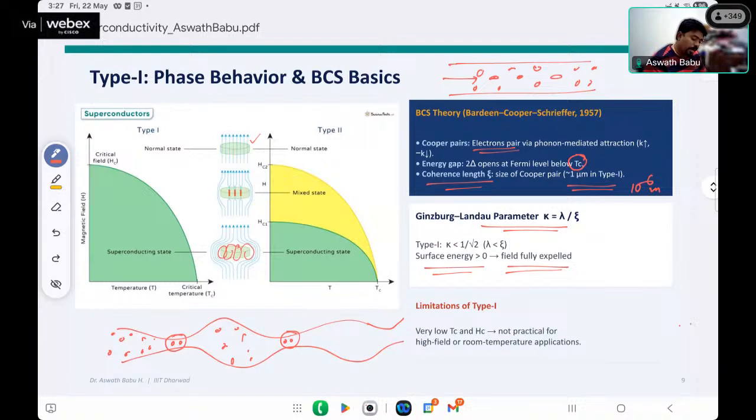The limitation of type 1 superconductors is very low TC and high IC, not practical for high field or room temperature applications. What I mean is, to have superconductivity we always need cryogenic temperatures, which means for every application I have to cool the system to such a low level.